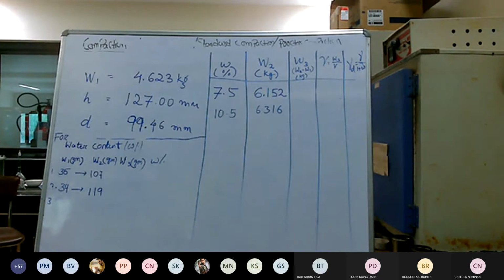So do you have any doubts regarding the procedure or anything else, or any concept based doubts regarding this? You can shoot right away.